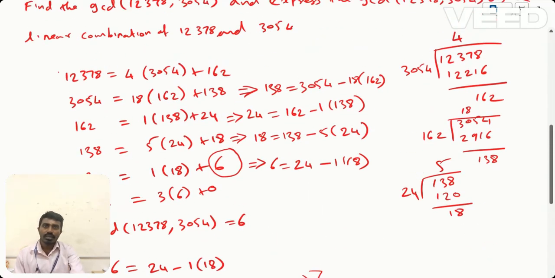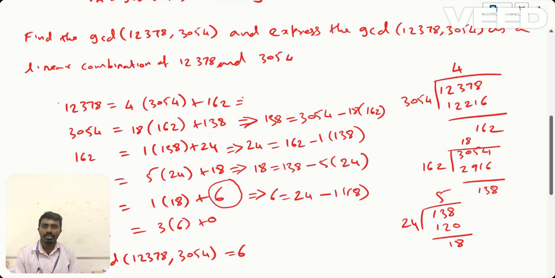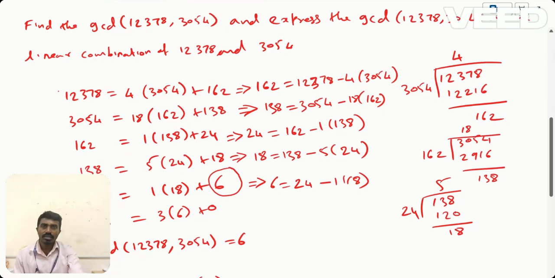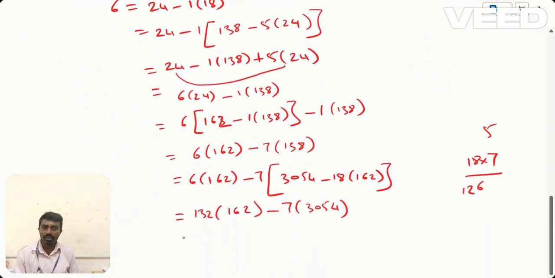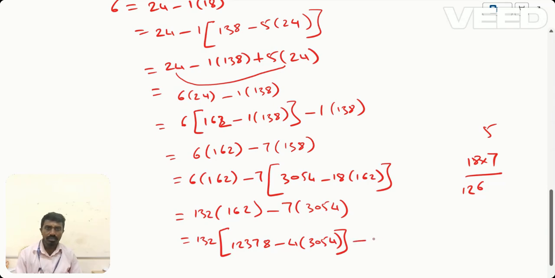Finally, the previous equation is 162 equal to 12378 minus 4 times 3054. Now substitute this in this equation. We get 132 times (12378 minus 4 times 3054) minus 7 times 3054.